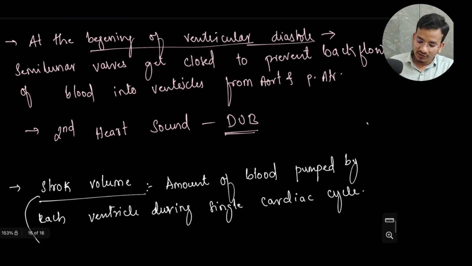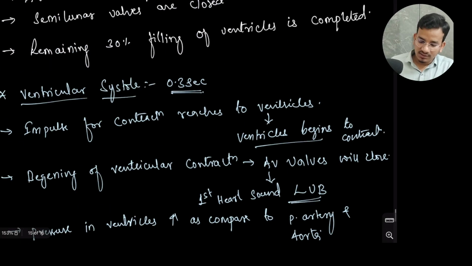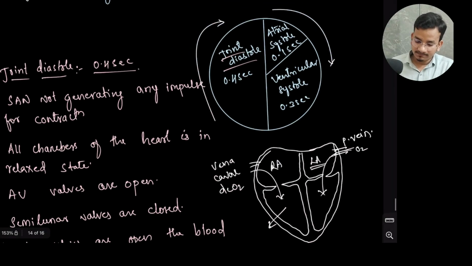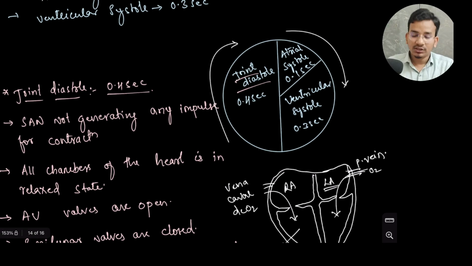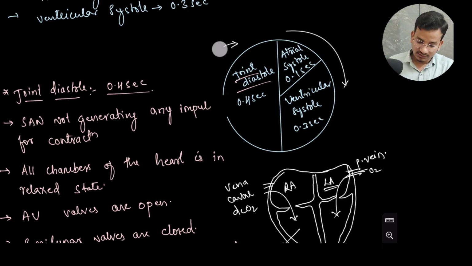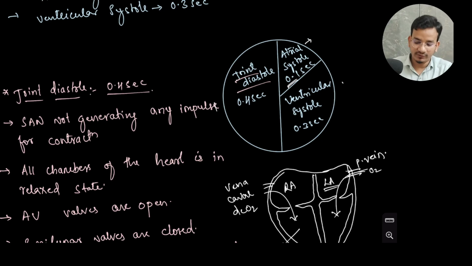Apart from that, can you answer these questions? What is the duration of atrial diastole? You can see here atrial systole lasts for 0.1 second only.